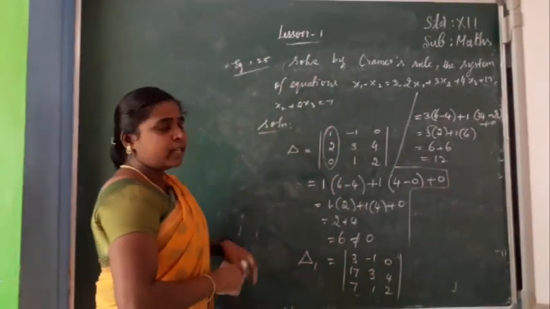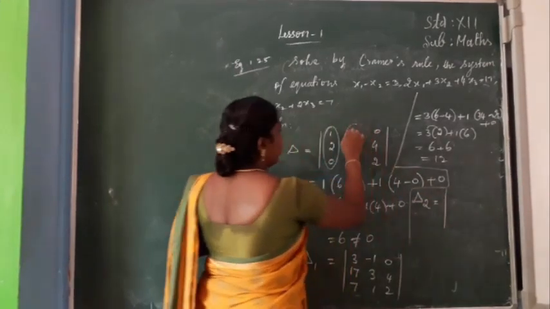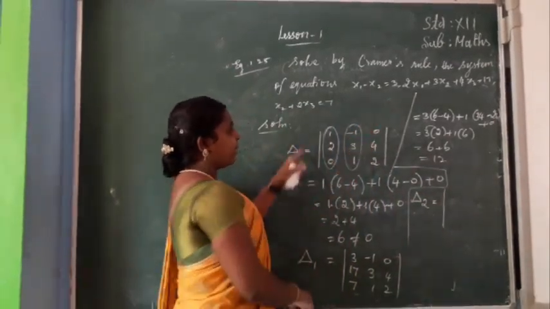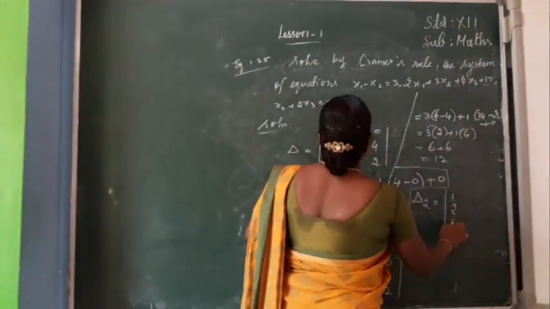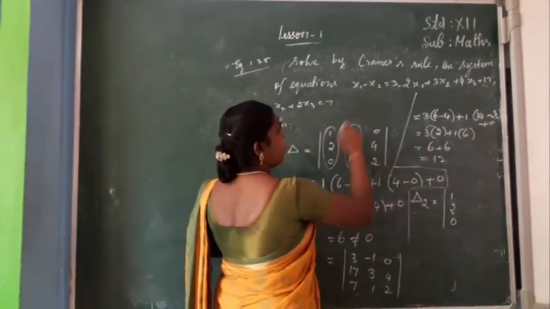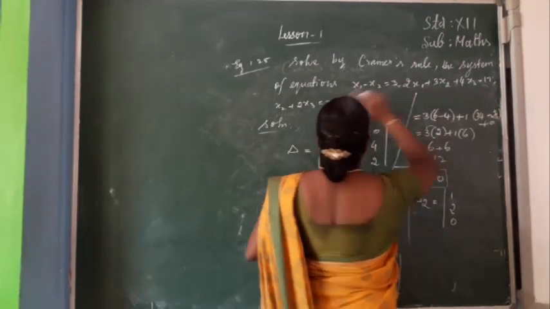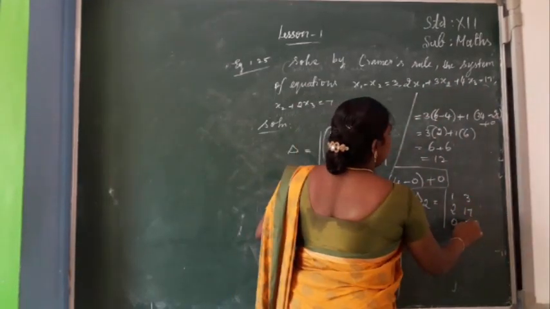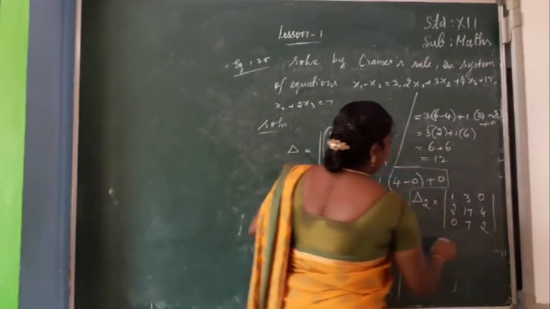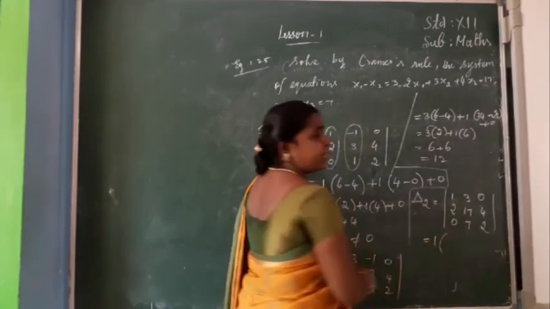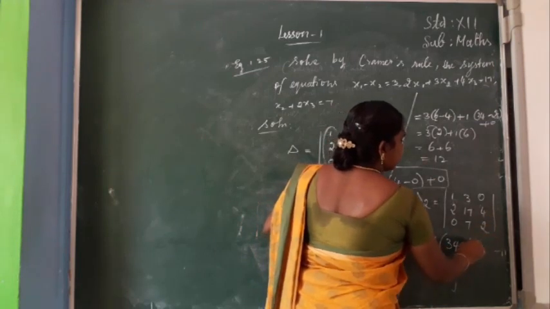Next we have to find delta 2. Instead of the second column, we put the constant elements 3, 17 and 7. The first column is 1, 2, 0 and the last column is 0, 4, 2. Now multiply 1 into 17 into 2, 7 twos are 34 minus 7 fours are 28.